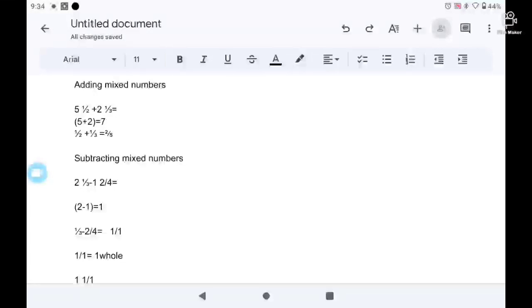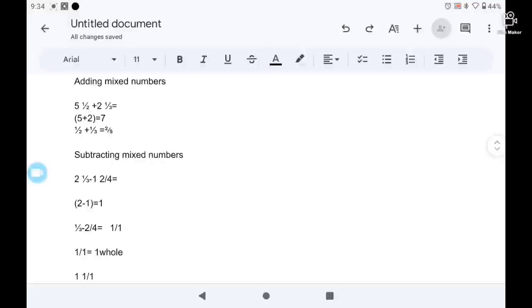After we have done that, we come down to 1/2 plus 1/3, which is 2/5. But how do you get the 2/5? We start off by adding the numerators, which are 1 plus 1, which equals 2.